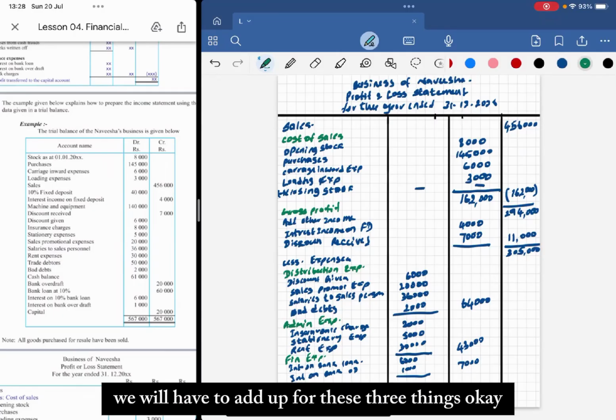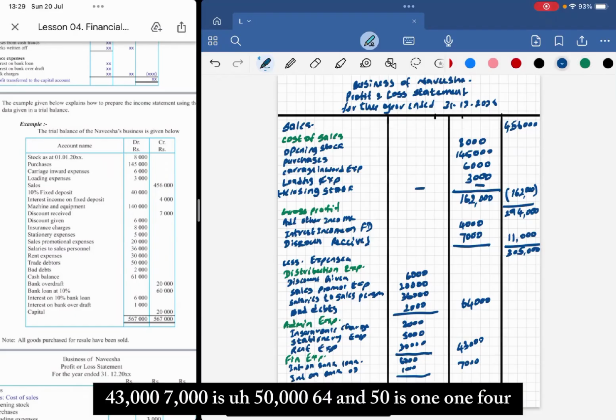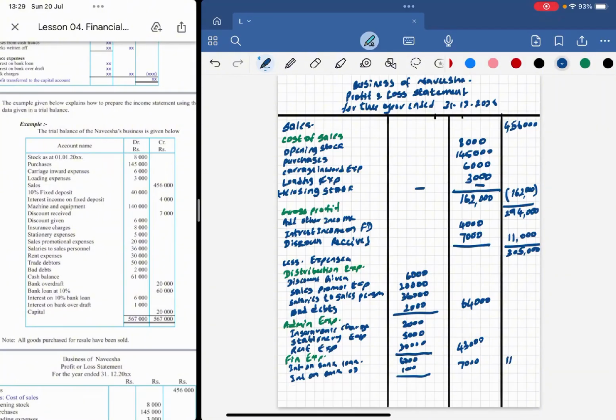So then we will have to add up all these three things. Okay, 43,000, 7,000 is 50,000. 64 and 50 is 114. Okay.